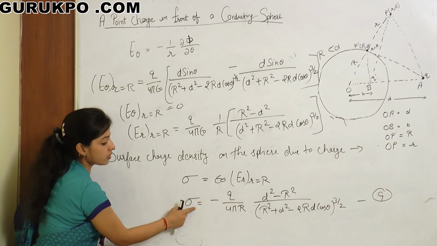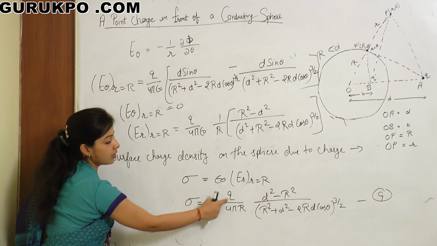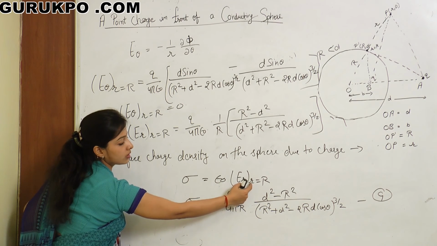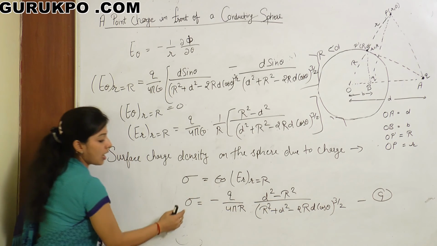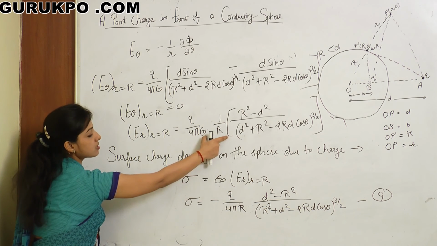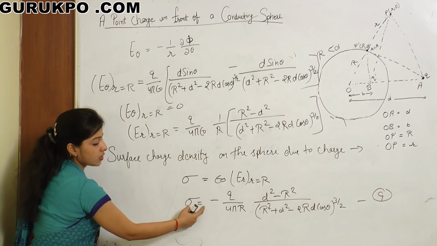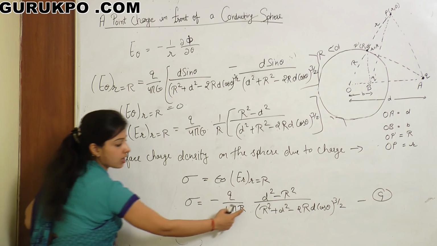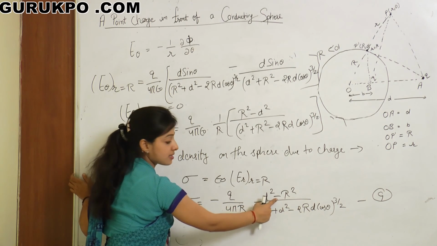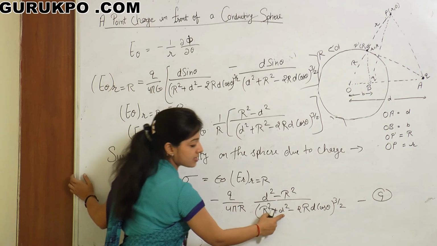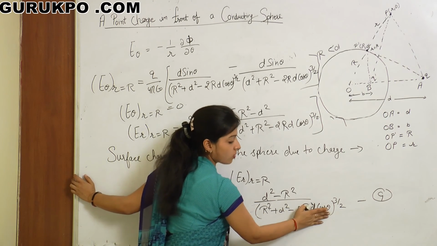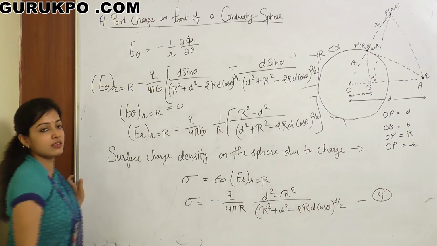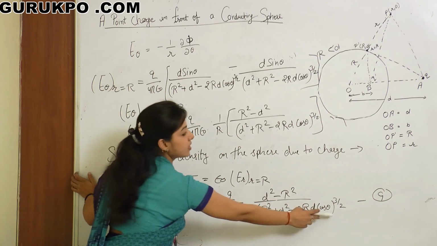After putting the value of E r here, we get sigma equals minus Q upon 4 pi R into (d square minus R square) upon (R square plus d square minus 2Rd cos theta) whole power 3 by 2. This is our ninth equation.